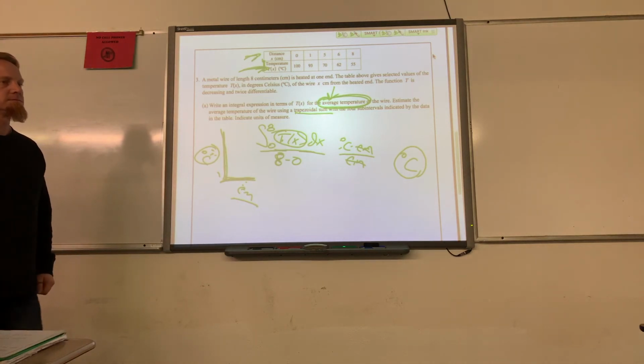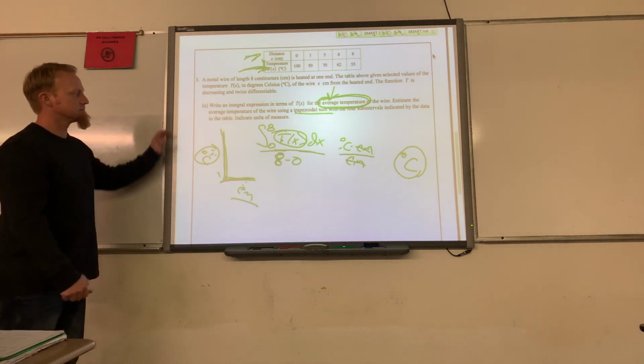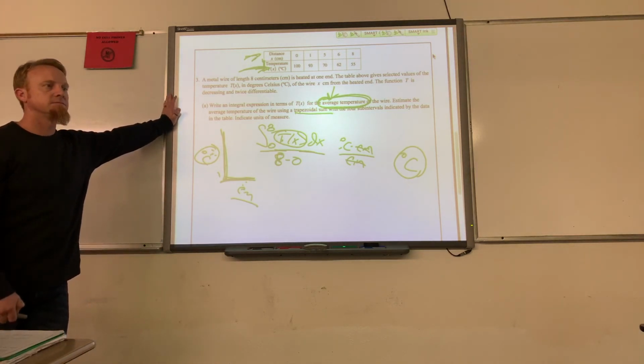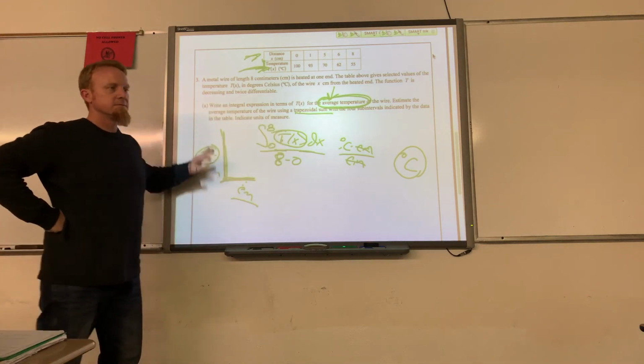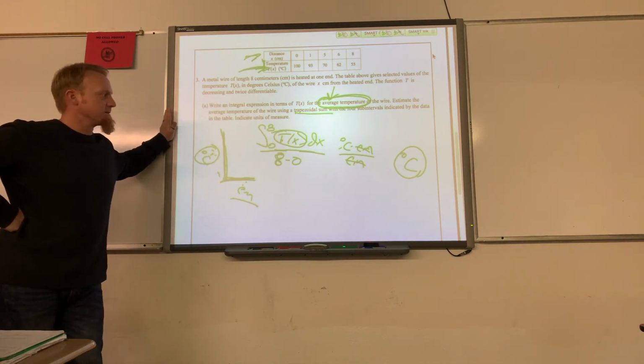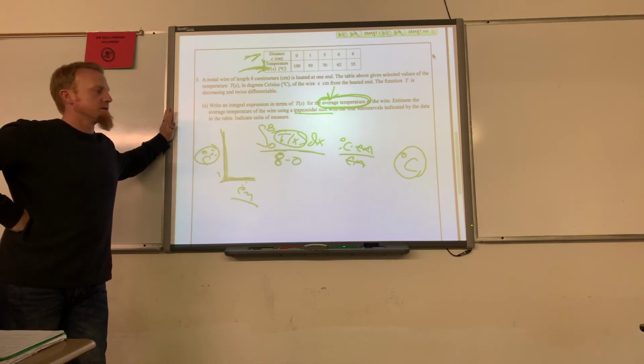So then, how does the T of X? T of X is the degrees Celsius, right? Yes, that's your degrees Celsius. So then, what brings in the centimeter for me to multiply the other?